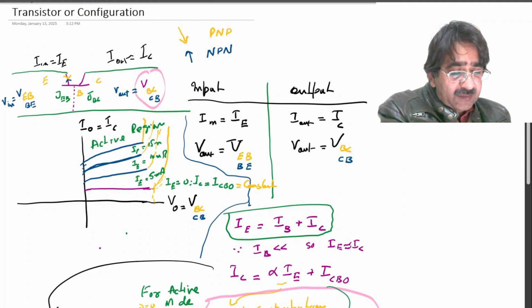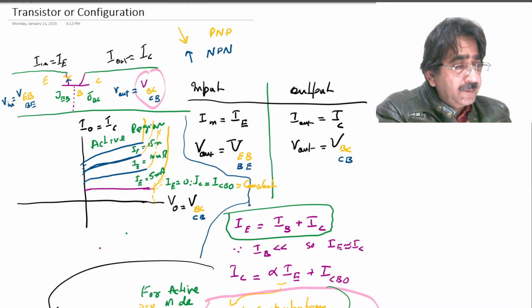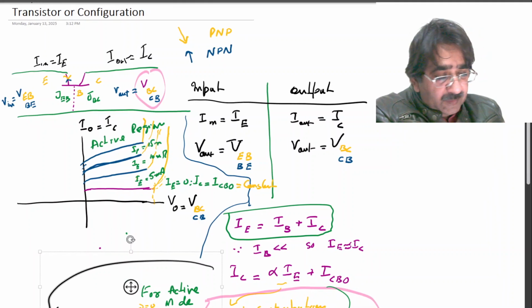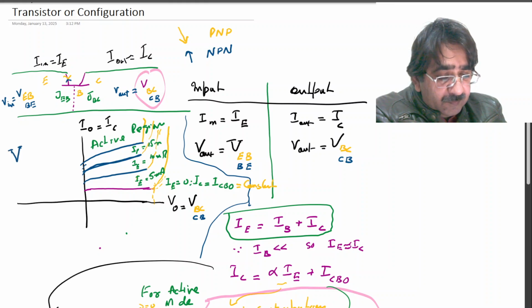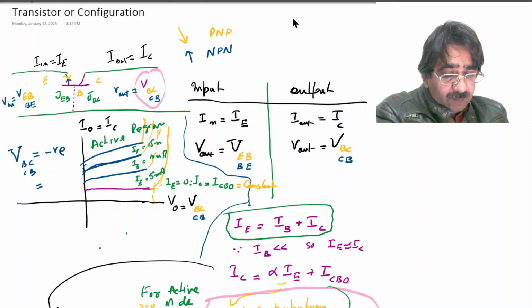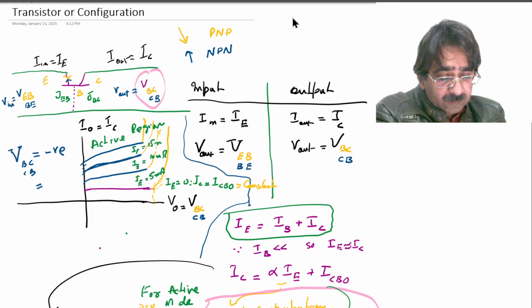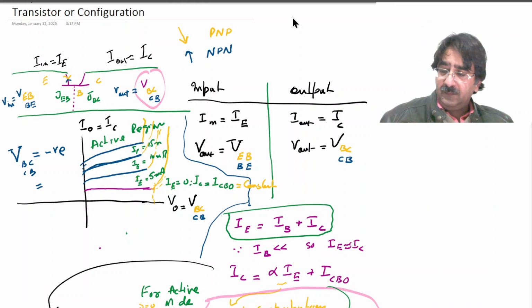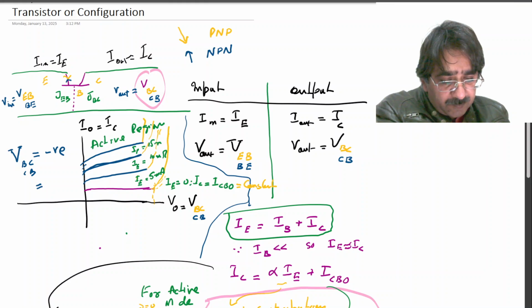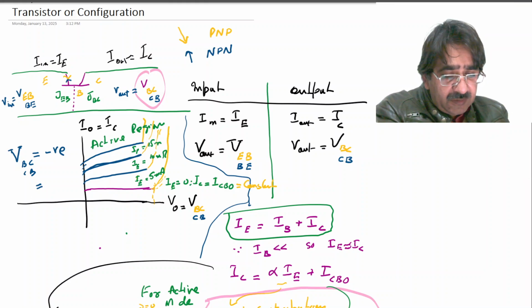But if we reverse it, in this region where VBC or CB is negative, this is the region where VBC is inverse of the active region.